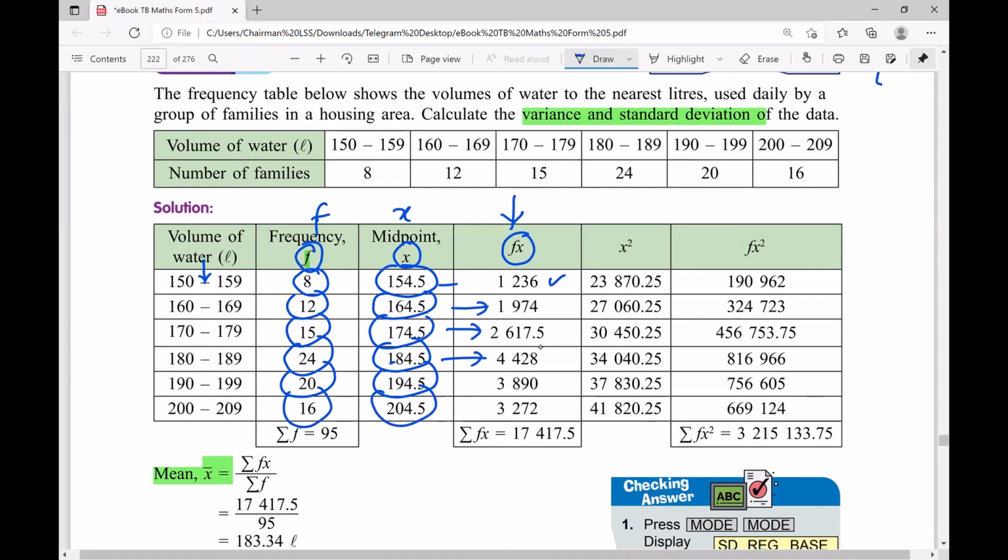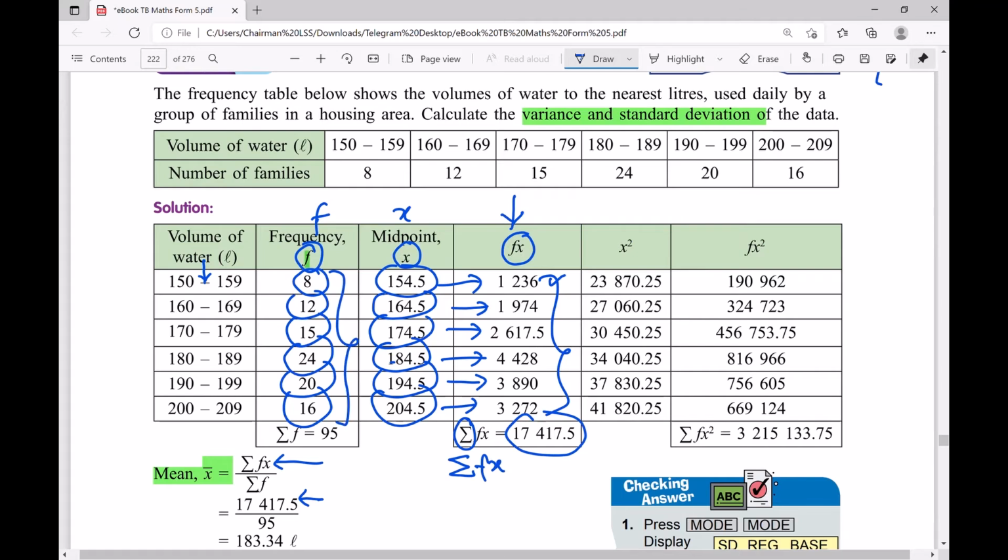Yeah, all this, and then what you do, you total up this one. You total up. That is the meaning of the symbol sum of fx. Yeah, so when you total, you get this one. So this is what you substitute. And total frequency is, you just total the frequency here.